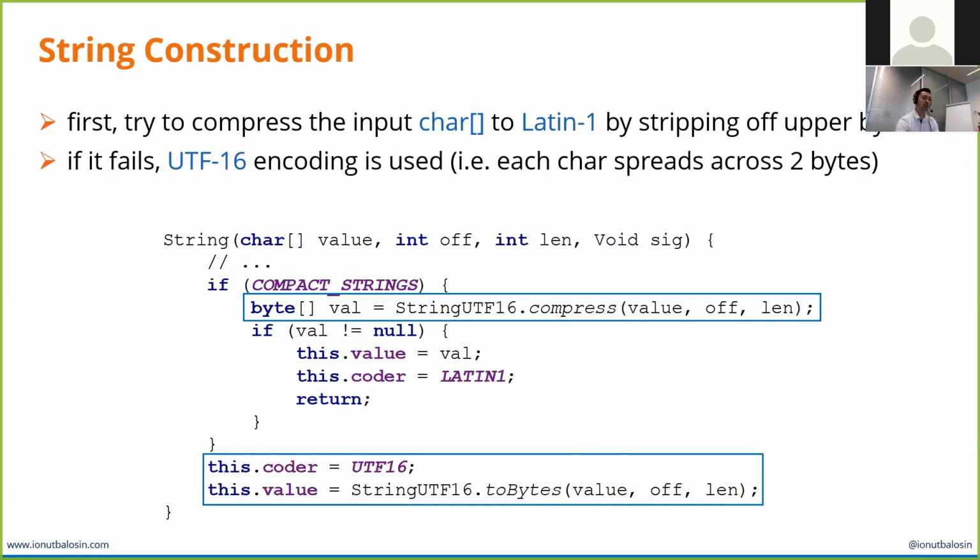If the compression fails, meaning there is at least one character that needs to be stored in UTF-16, it switches and stores the string using UTF-16 encoding. So by default, it tries to compress to Latin-1, and if the compression fails, it switches and stores in UTF-16.